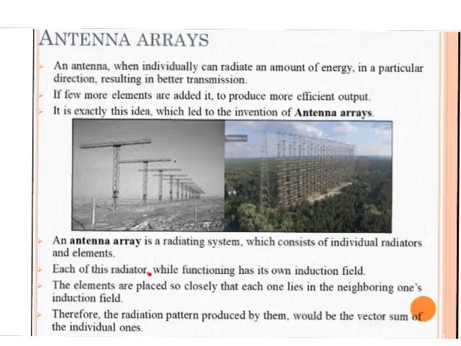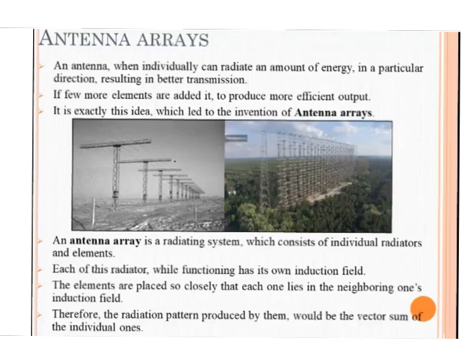The elements are placed so closely that each one lies in the neighboring one's induction field. Hence we say that the radiation pattern produced by them will be the vector sum of the individual ones.